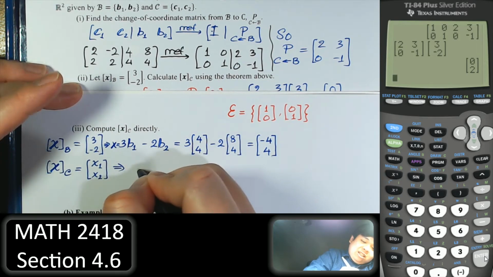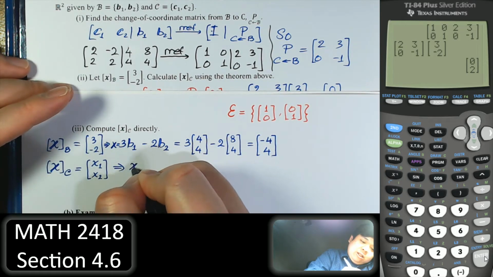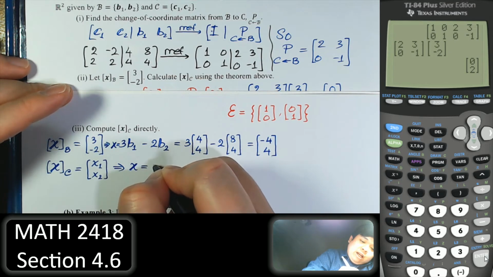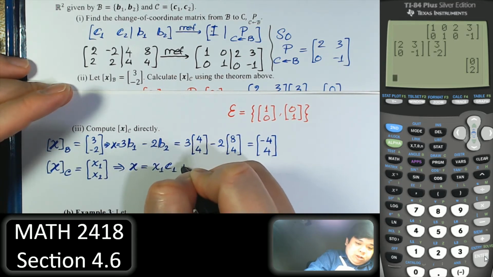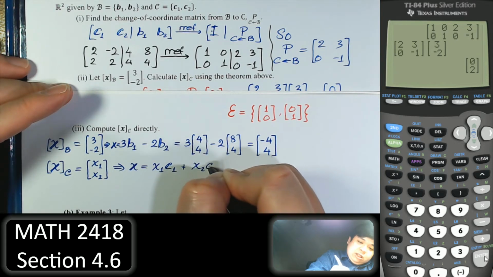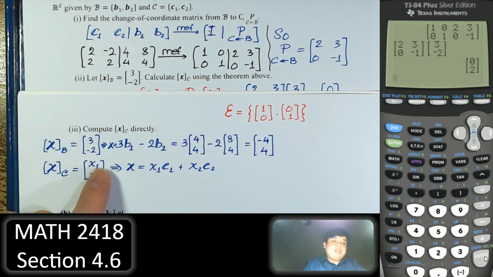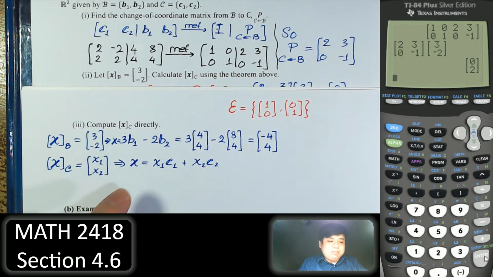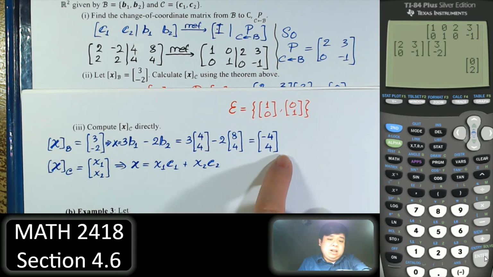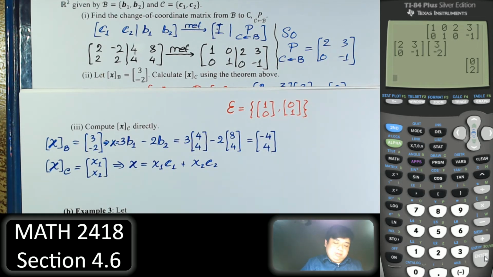Now x in C coordinates, so x can be written as x1 times C1 plus x2 times C2. Right, just like what we have here. It's B coordinates, so that's why this is a regular x. So we don't need to write in the standard basis.